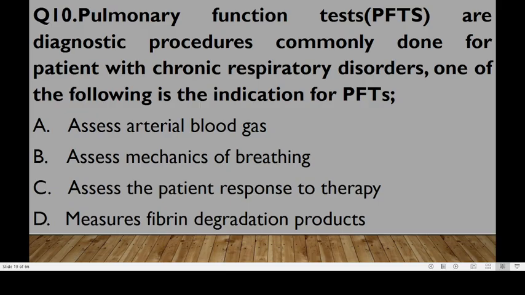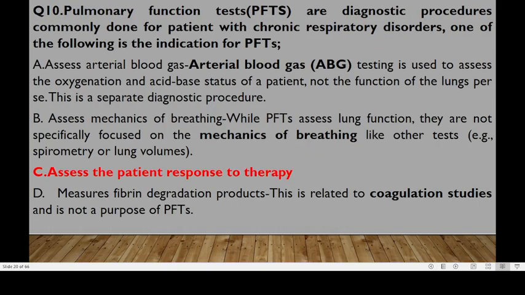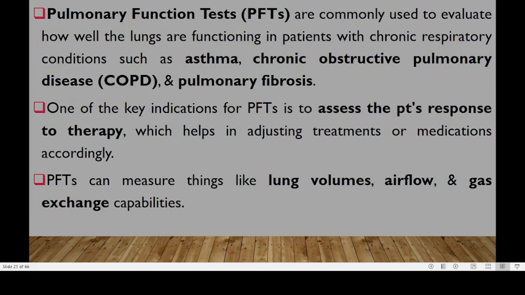Pulmonary function tests are diagnostic procedures commonly done for a patient with COPD. One of the following is an indication. If you want to monitor the patient's response to therapy, you do the pulmonary function tests. They are commonly used to evaluate how well the lungs are functioning in patients with conditions such as asthma, chronic obstructive pulmonary disease, and pulmonary fibrosis.